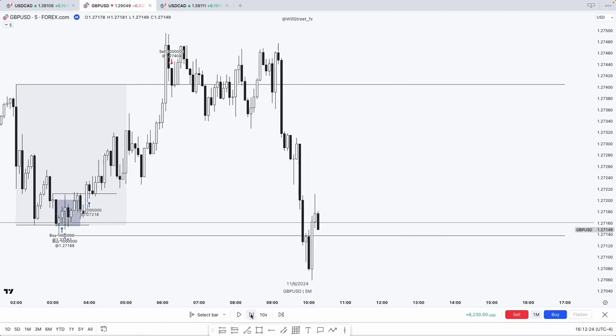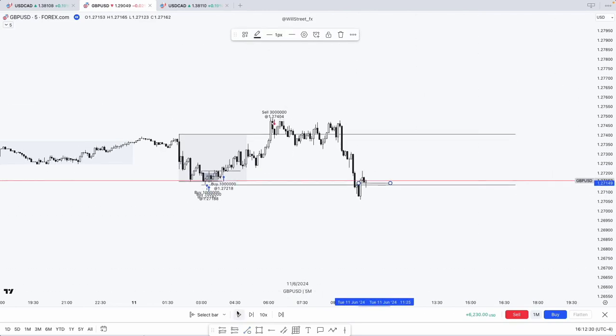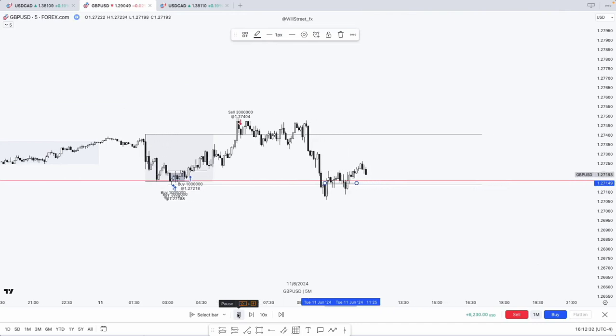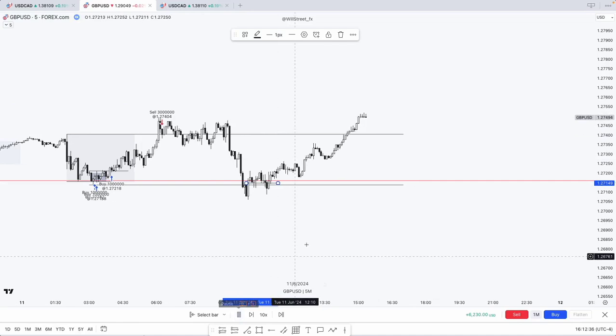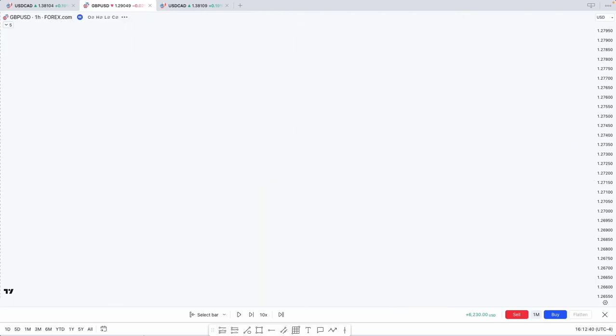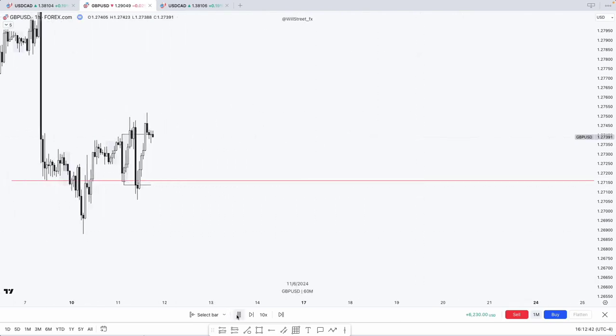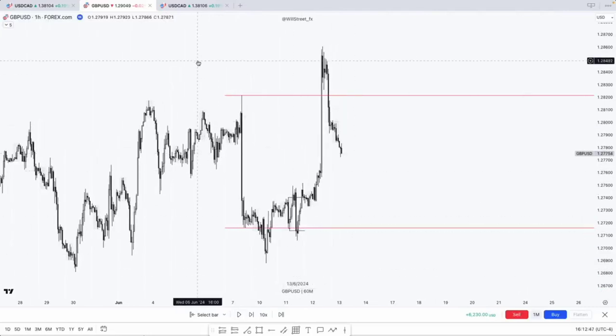So when this restarts, maybe these are longs going into the liquidity. And this is what happened. Yes.